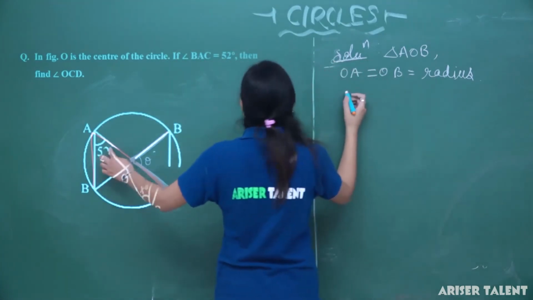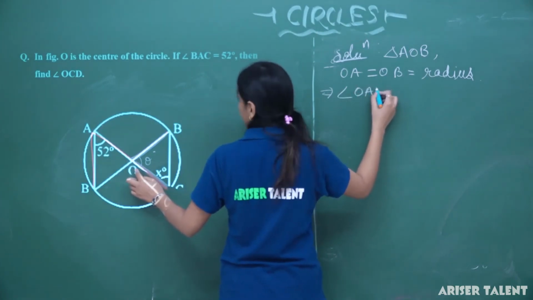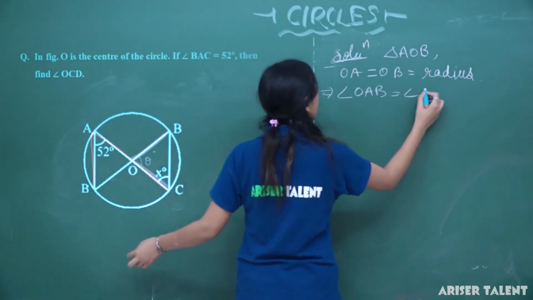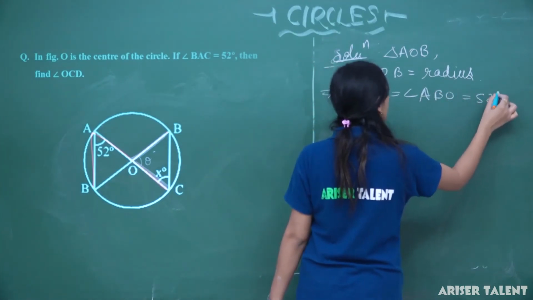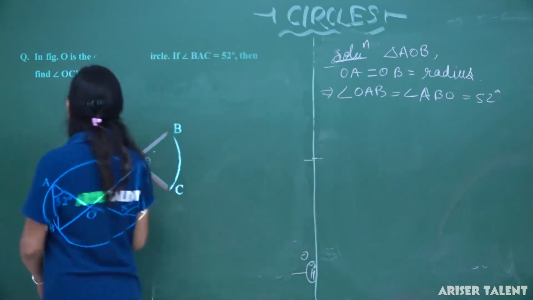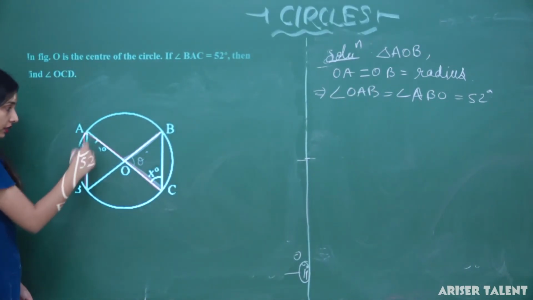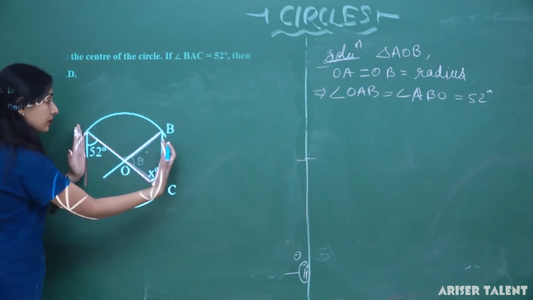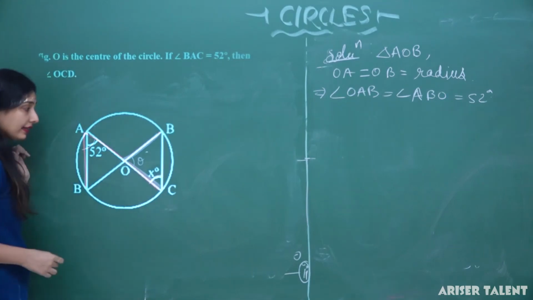So, this implies that angle OAB will be equal to angle ABO. So, these will all be 52, right? Now, this and this both are what? Both are parallel. So, this angle will ultimately be equal to this angle X.